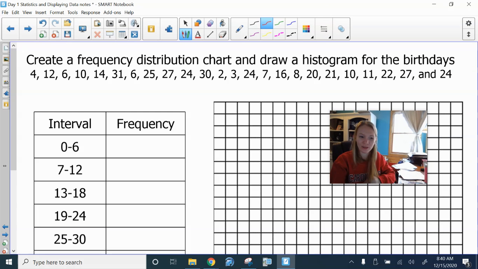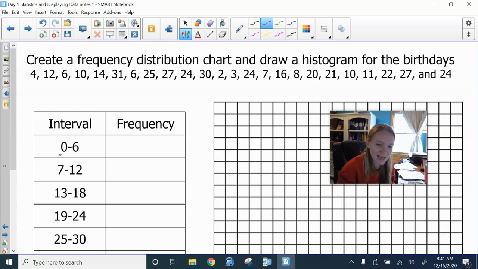So if I do tally marks for this, we want to know our intervals, they have to be the same size. That's the big thing with our intervals. In this case, we're going to say our interval is from 0 to 6. You could make intervals of just numbers. So like 15 is my interval, 16 is my interval, 17. So like you're just counting individual numbers. Since we don't see a lot of repetition in these numbers, we're not going to worry about a single value. We're going to look more at a big group of values.